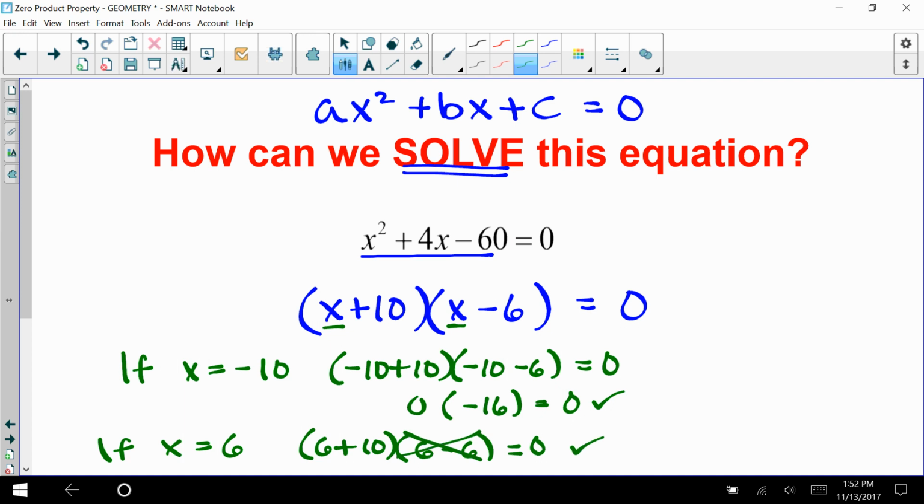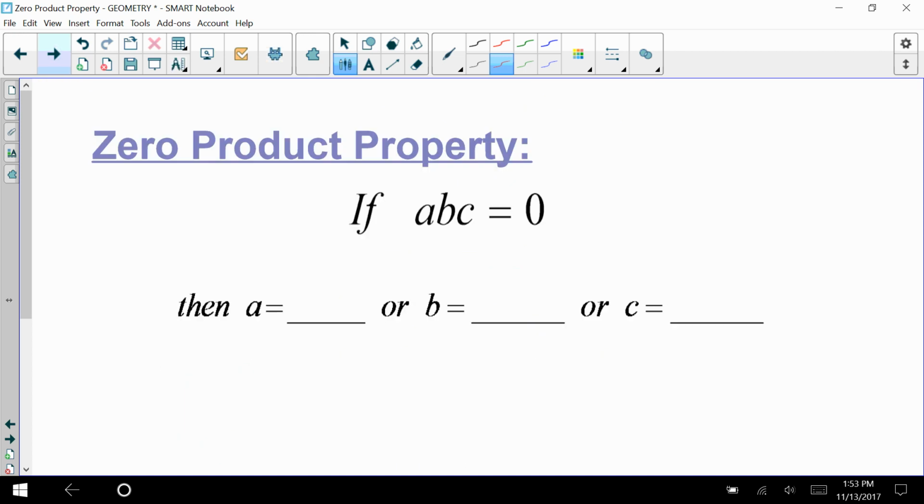That works as well. So if we find a solution and set this expression equal to 0, we can solve for x to find out, oh, cool, negative 10. That could be an answer. Or we could set this expression equal to 0, and we can find, nice, x equals 6. That could also work. This is called the zero product property.